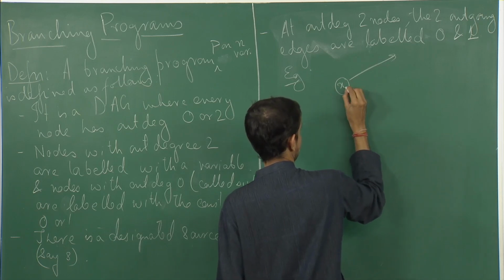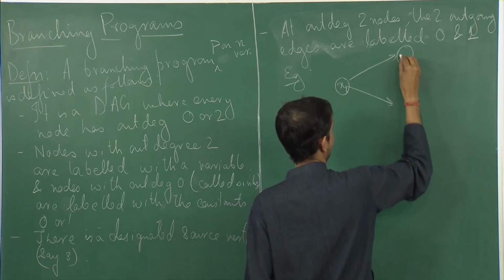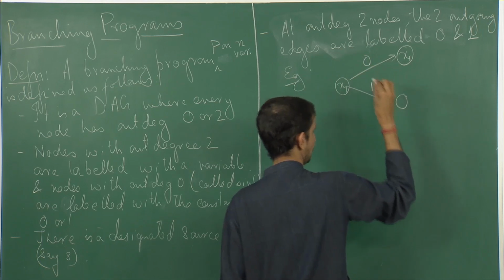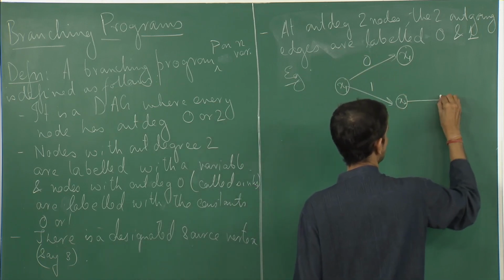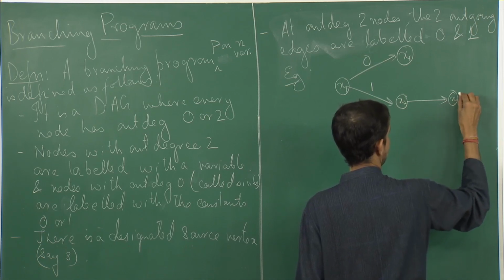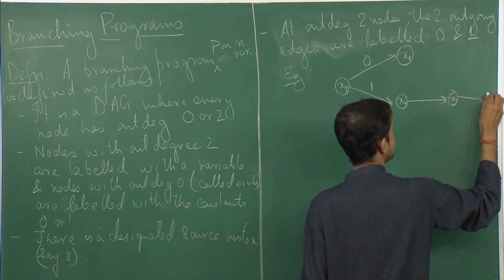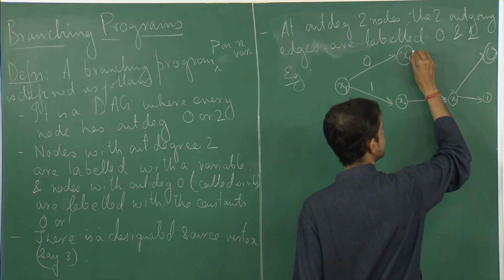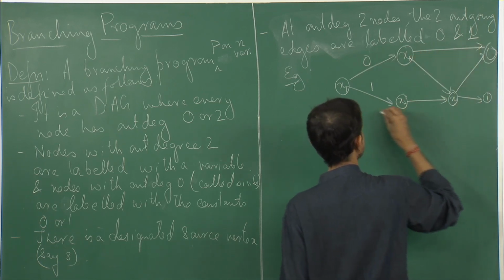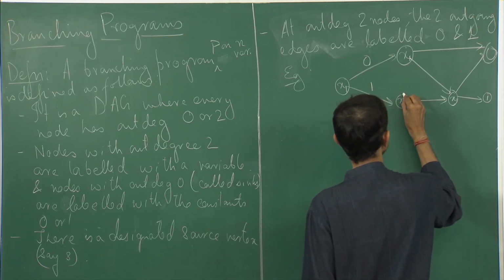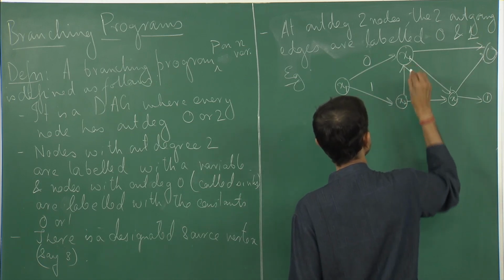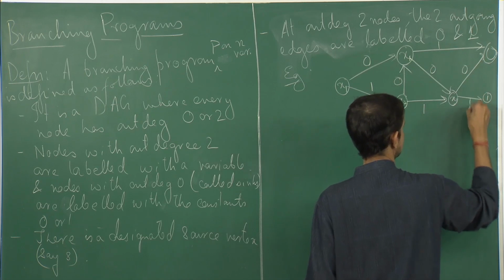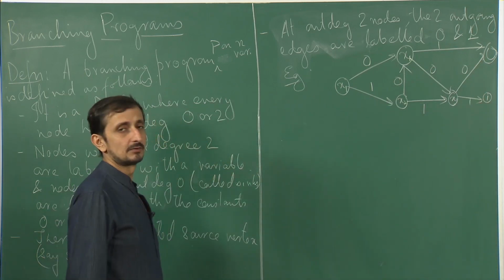Let's say this is some x1, I have maybe another x1, x2, x3, with leaves 0, 1, 0, 1, 0 and 1. Okay, so this is an example of a branching program.